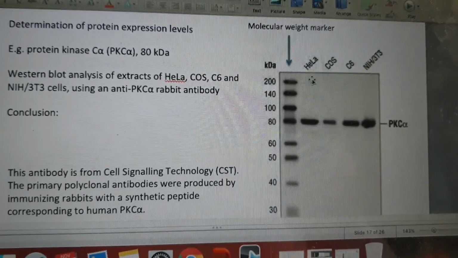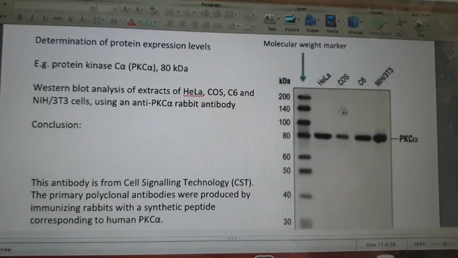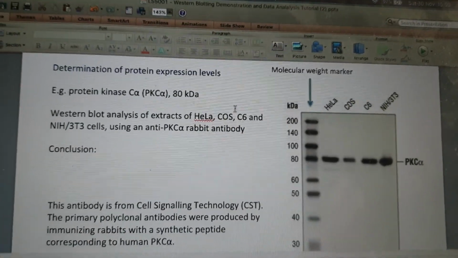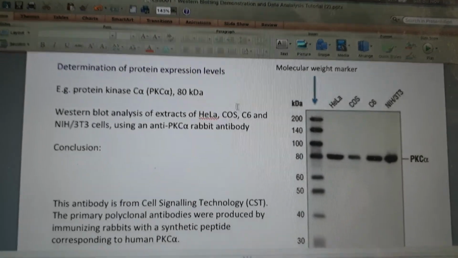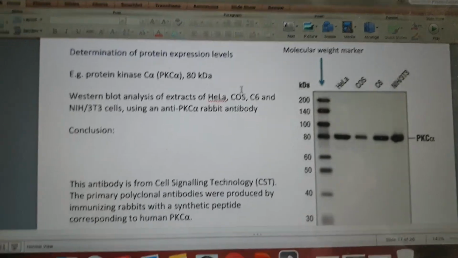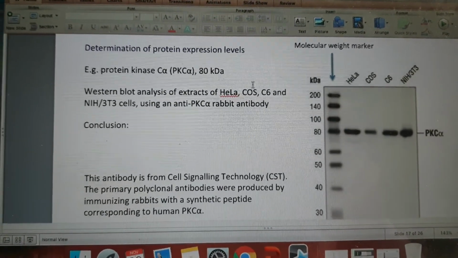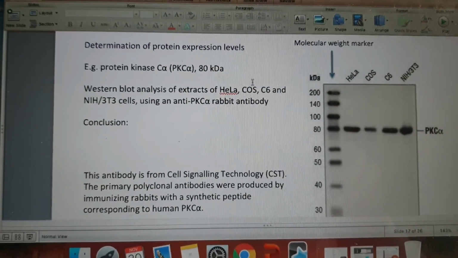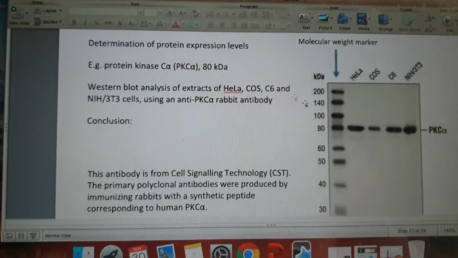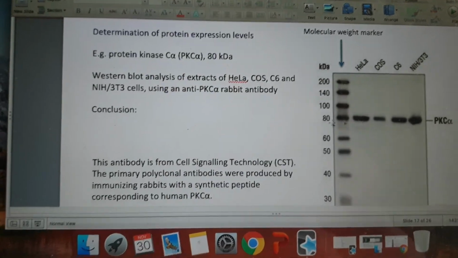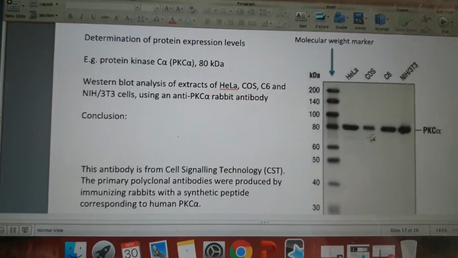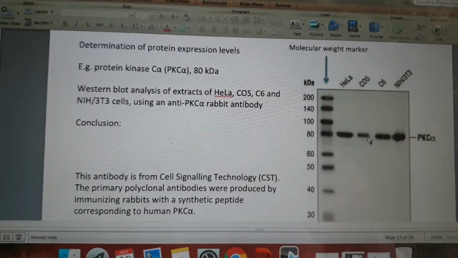So when we rinse the membrane, we lose these primary antibodies. And when we add our secondary antibodies and wash them, we're going to lose the majority of them, because there's not very much primary antibody for the secondary antibodies to bind to. So that's why COS has the lowest signal, because there is less protein in it.